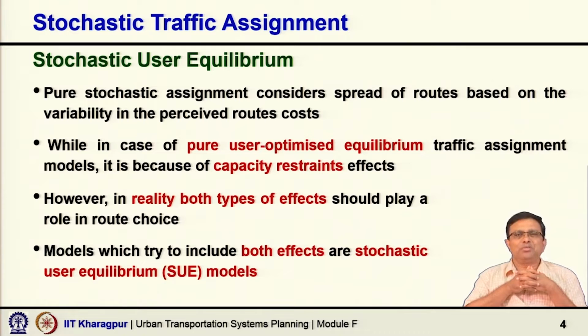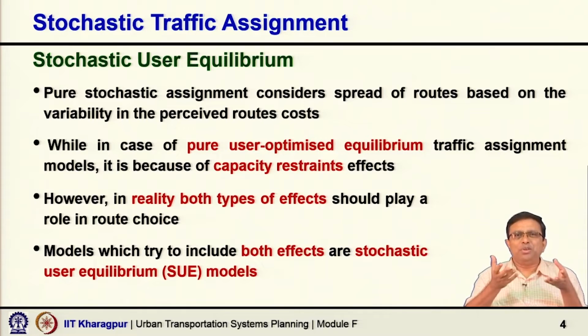That is true, but the other end is also true: roads will have capacity limitation, demand may be more than the capacity, or even when it is not, there will be a significant congestion effect, and because of that also multiple paths will be chosen. So, reality is a mixture of these two: stochasticity or the variability in the perceived travel time, and also the capacity restraints and congestion effect.